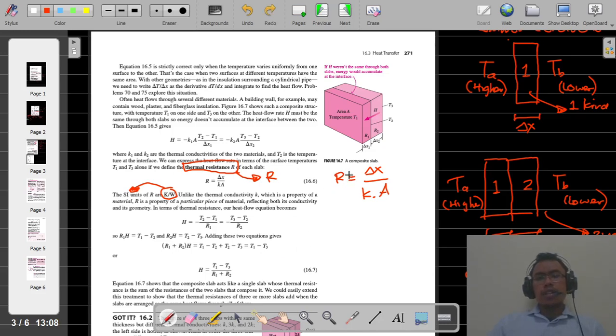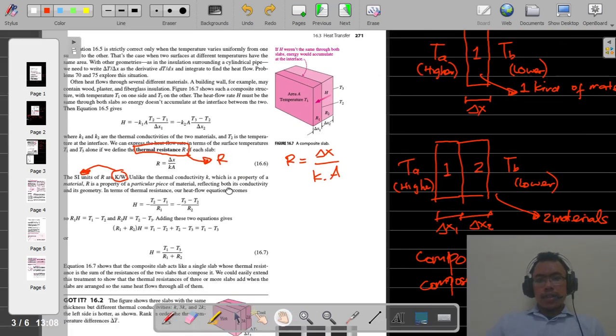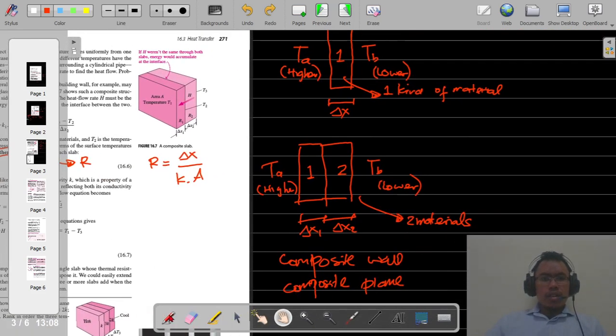Actually, R is like, okay, in this composite, because we have two materials, it will have a lot of values of K. The first one we have K1 and then K2, and if our material consists of 3, we have K3.